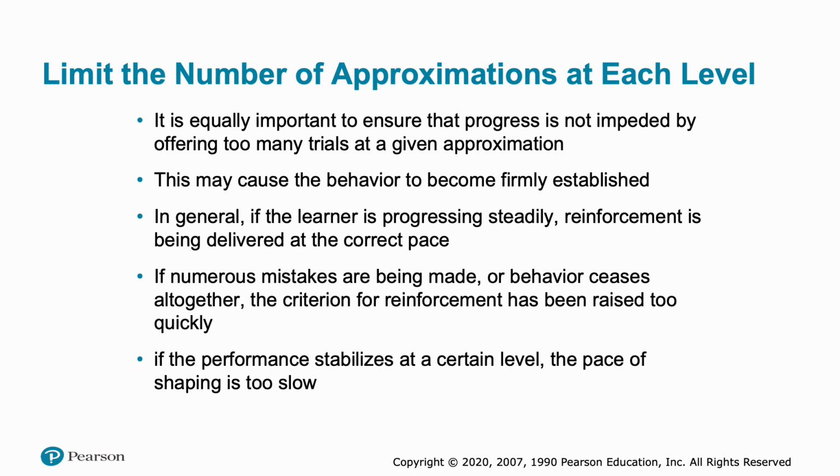What this means is that we want to offer reinforcement for a particular successive approximation just enough for that behavior to be established in the learner's repertoire, but we don't want to stay at that step for too long, because if we do, that particular response might become too firmly established, which means that yes, it's established in the learner's repertoire, but now that's the only response that they're engaging in.